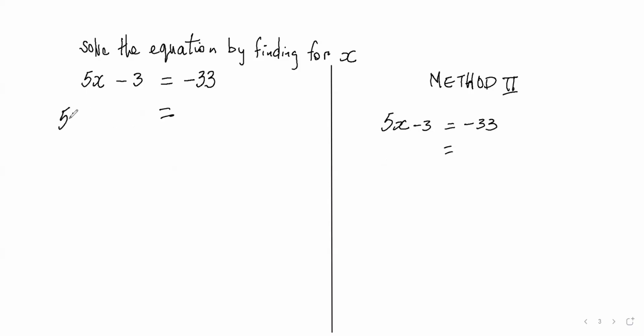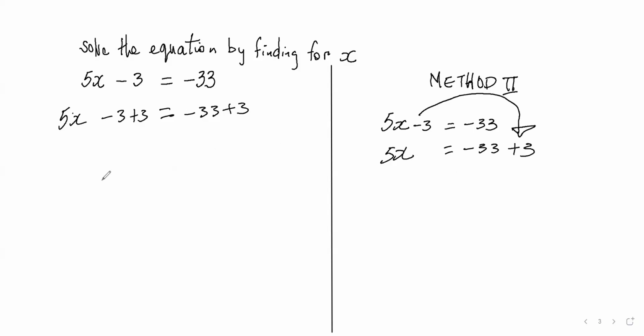Your next line should be 5x minus 3 plus 3, negative 33 plus 3. For those persons who don't want to do that, you could just write 5x equals negative 33 plus 3. Just carry it on the other side, but notice your sign will change once you go to the right-hand side. So remember, there's a left-hand side and there's a right-hand side.